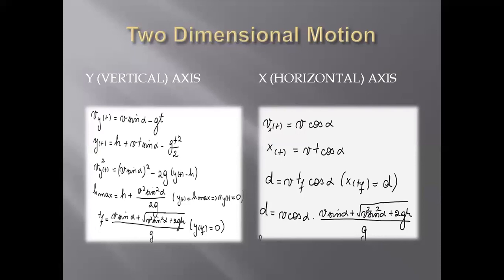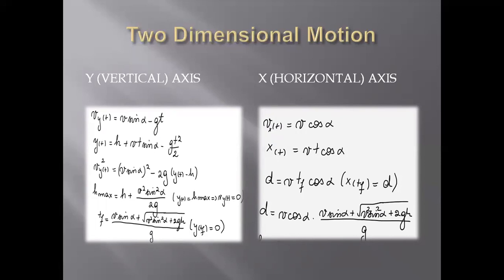The condition for the distance d that the body goes along the x-axis is that when the motion halts or stops, which is at tf, we are at coordinate d on the x-axis. Plugging that into the equation, we see that d is just v times the final moment in time times cosine alpha.